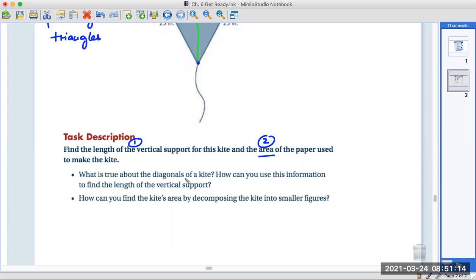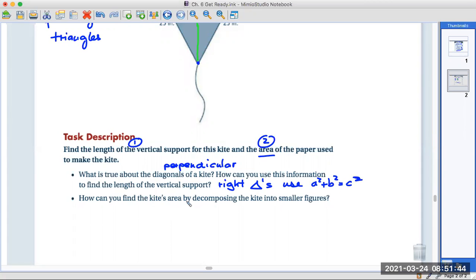What is true about the diagonals of a kite? Perpendicular. That's how we get that 90-degree angle. How can you use this information to find the length of the vertical support? Right triangles. Use a squared plus b squared equals c squared.